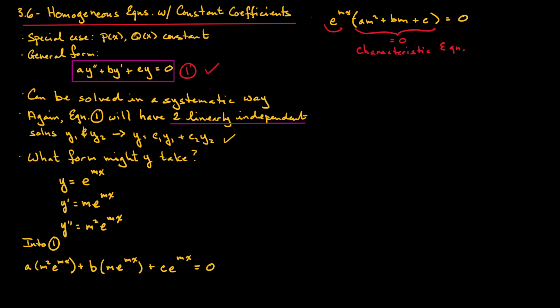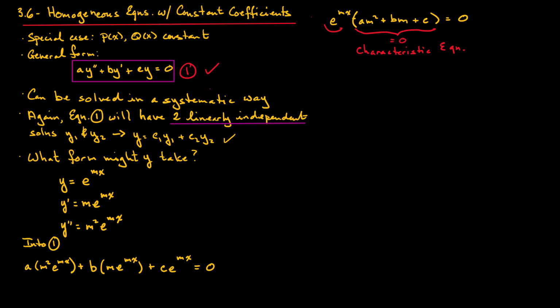So before we go any further, let's just recap what we've done. We have a second order ODE with constant coefficients, and we notice that the only solution that could plausibly fit this ODE is of the form e to the mx, where m is still unknown at this point.